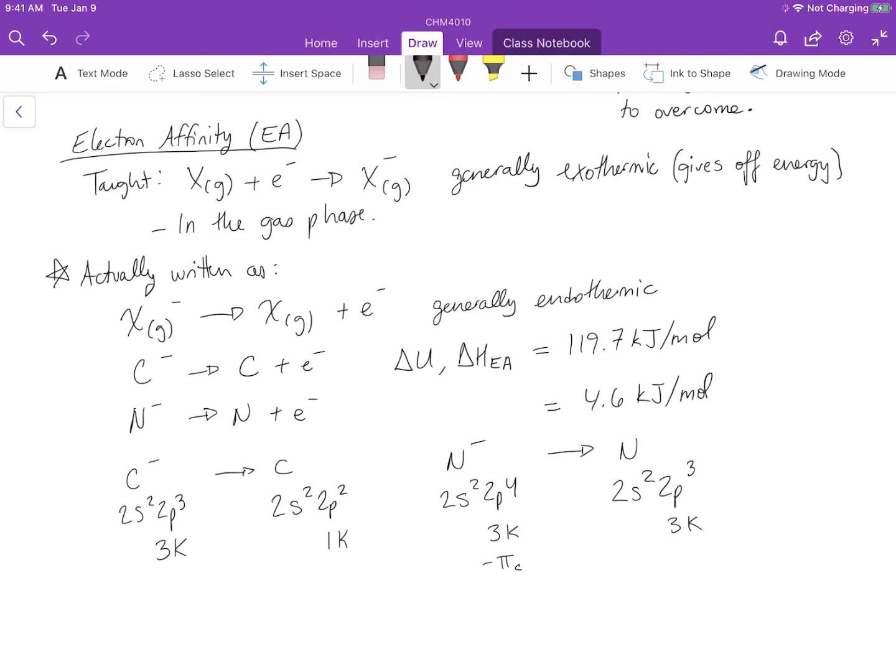So in this case, in nitrogen, we are decreasing repulsion, and so it is a net stabilization. And so that's why that takes so little energy to overcome.